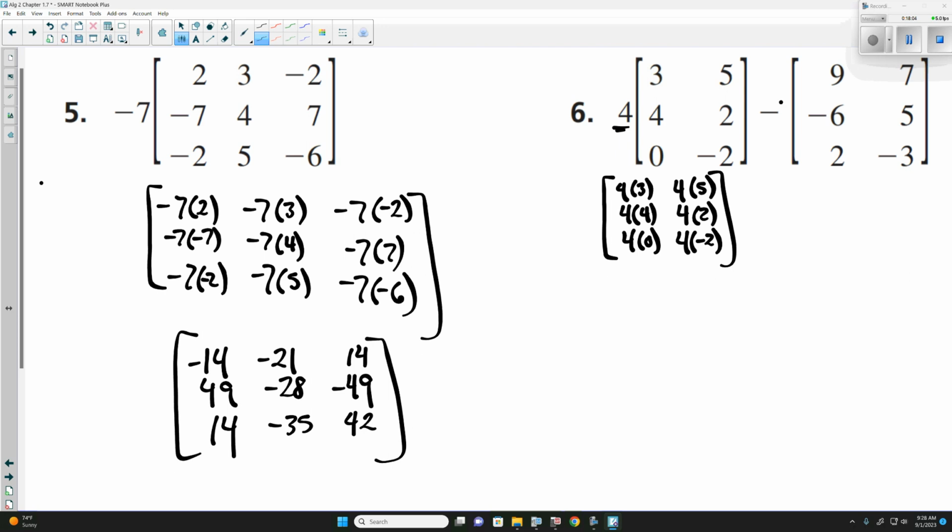Now I will say if we said minus 4 times this matrix, we can multiply the second matrix through by 4, and then subtract what we get. Or if you multiply through by negative 4, we would change it to addition. So since there's not a scalar, we can leave it as subtraction. 9, negative 6, 2, 7, 5, negative 3.